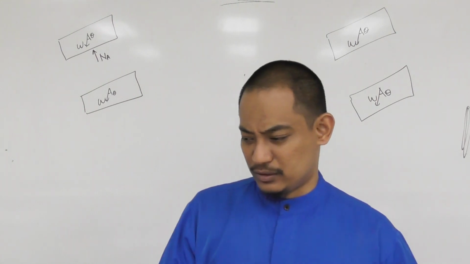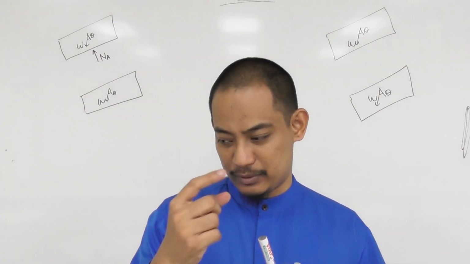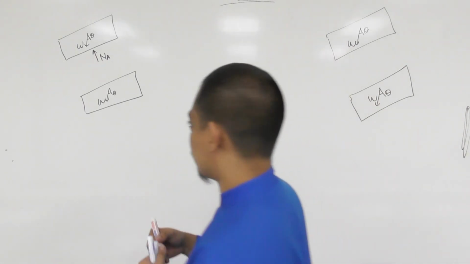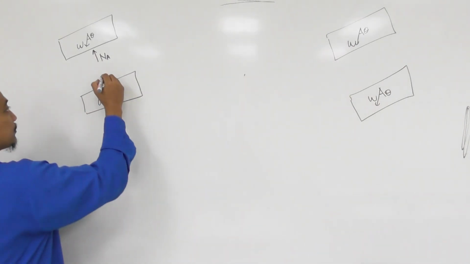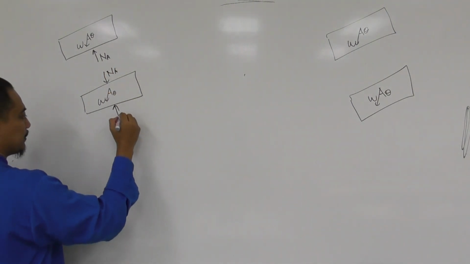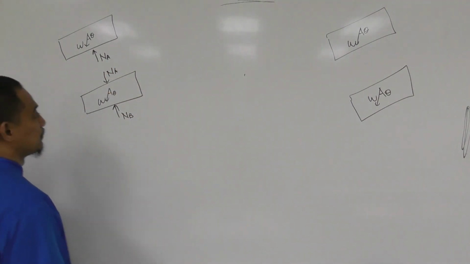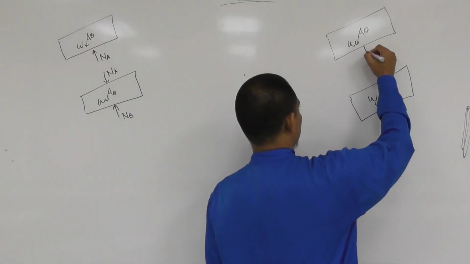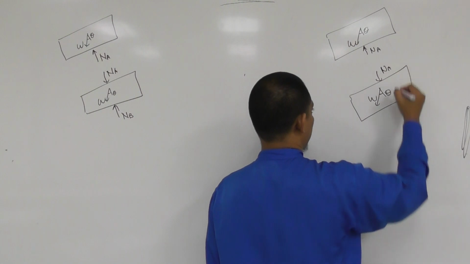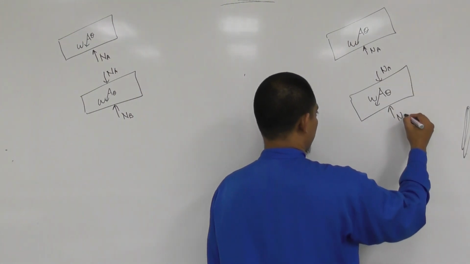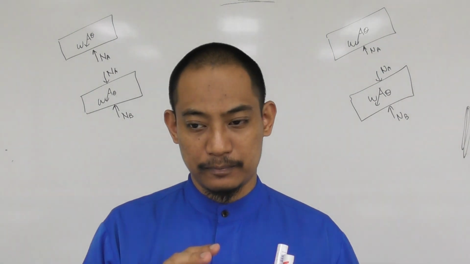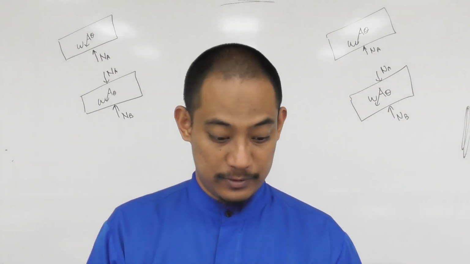Even though it's between A and B we could label it NAB, just to make it short we label that NA. So this will also be NA, and then this will be NB. So the same here: NA, NA, NB. So those are just normal forces between two objects, or two surfaces, right?